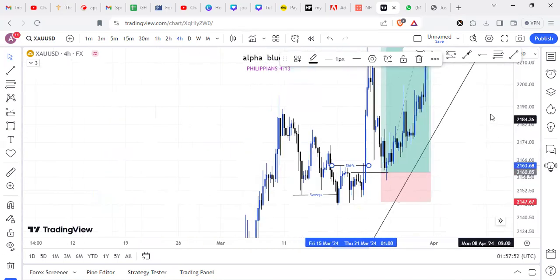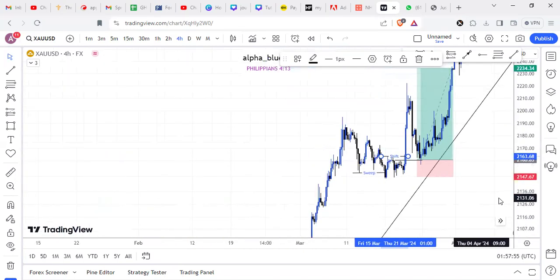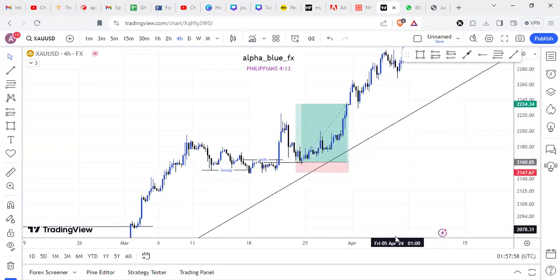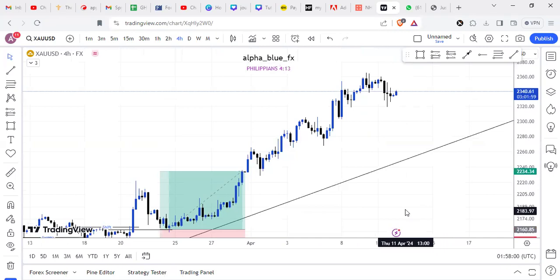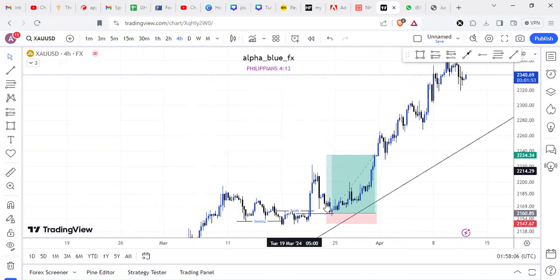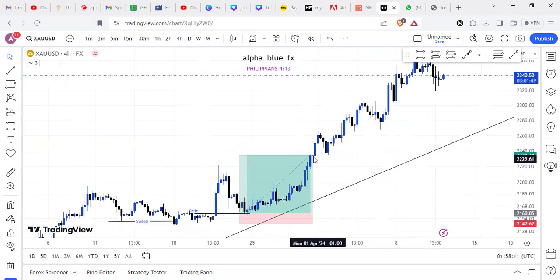Now, let me look for another example to show you guys. Another example is right here, right? We know that the market has been very bullish. The next thing you want to wait for is to see that you have a liquidity sweep.